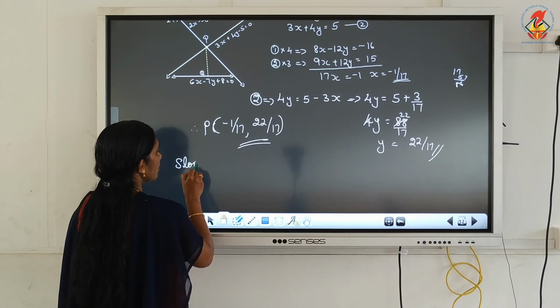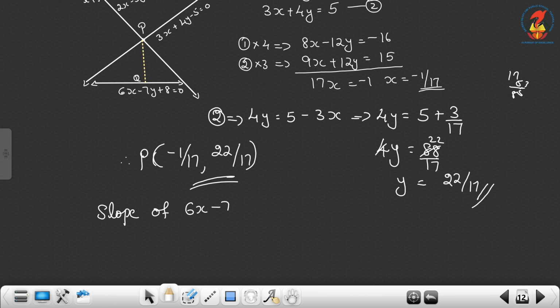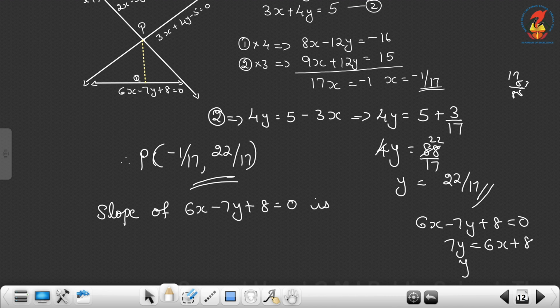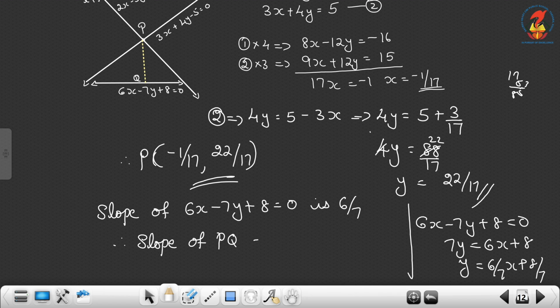What is the slope of 6x minus 7y plus 8 equal to 0? 6x minus 7y plus 8 equal to 0 means 7y is 6x plus 8, so y is 6 by 7 x plus 8 by 7. So slope is 6 by 7. Therefore what is the slope of PQ? The slope of PQ is perpendicular to the line, so negative of the reciprocal of this.